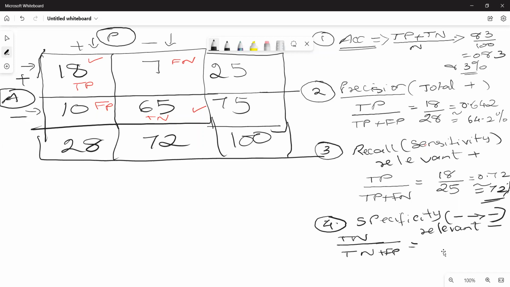True negative is 65 divided by 75. Now, if you do this calculation, I get 65 divided by 75, which is 0.87, or I can say 87%.